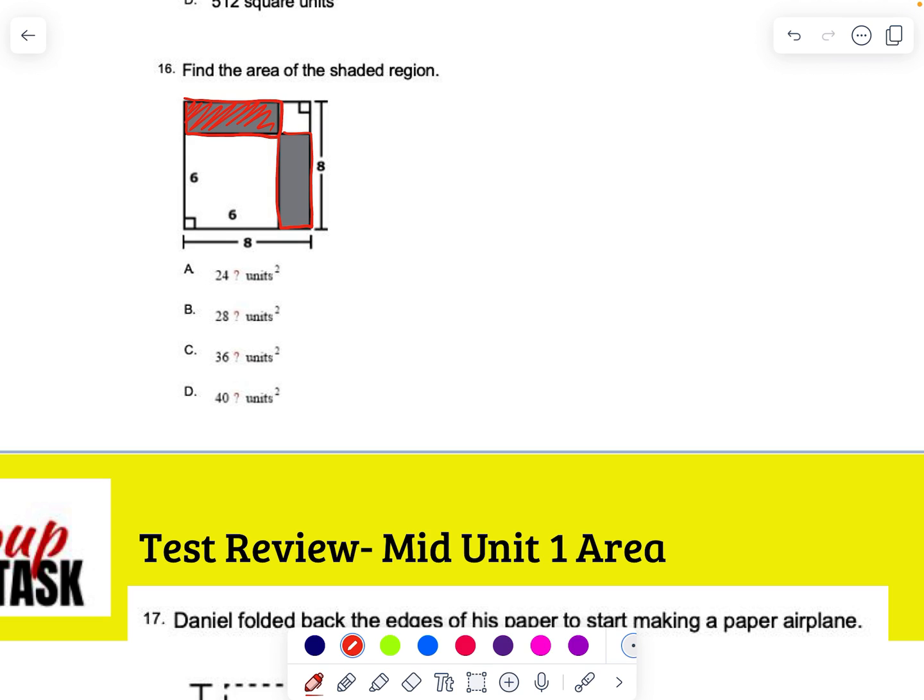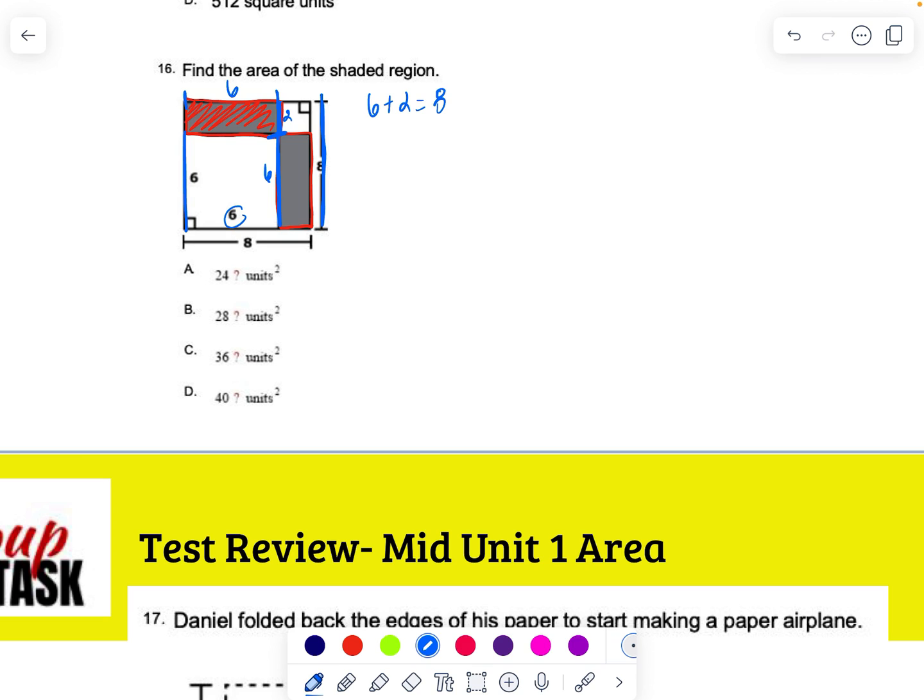So I know that I'm trying to find this area, because that's my length. Well, I can steal it from right here at 6. So I know this is 6. And now I need to figure out what this is right here. Well, I know it's 6 from here to here, and the whole thing is 8, so then this must be 2, okay, because we know that 6 plus 2 equals 8.